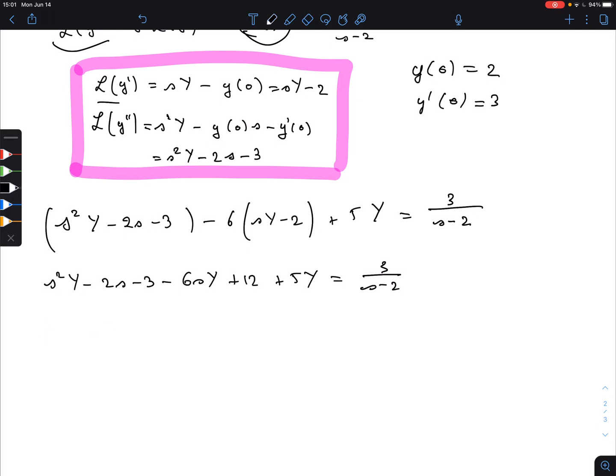So we get s squared minus 6s plus 5, times y, equals, I'm going to bring all these guys to the other side, 3 over s minus 2 plus 2s plus 3 minus 12, so that will be minus 9 here at the end.